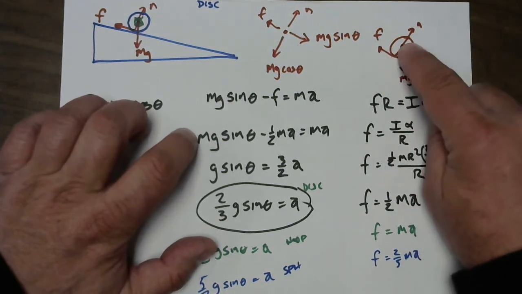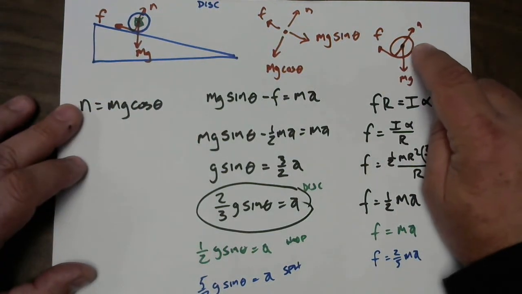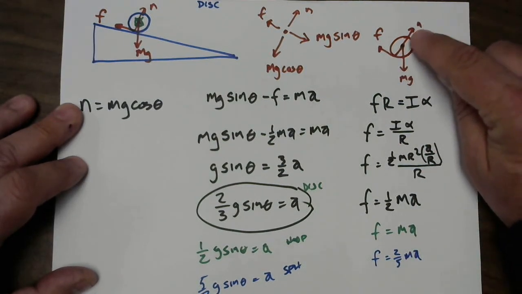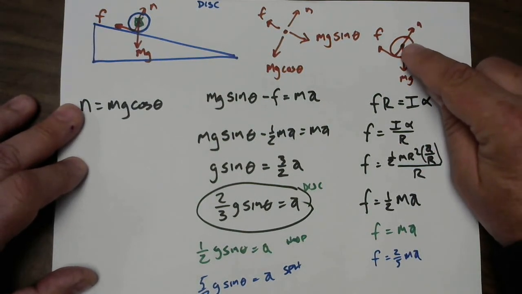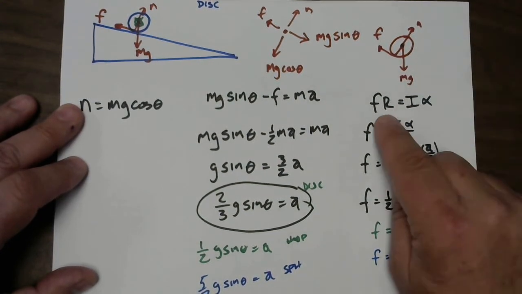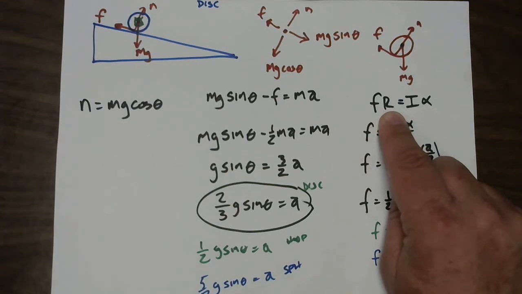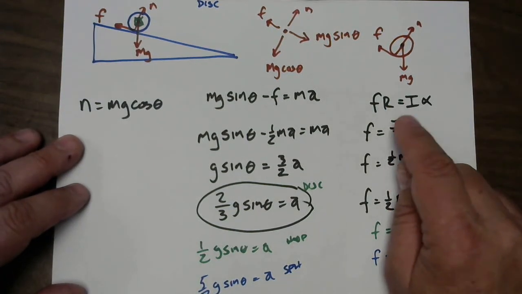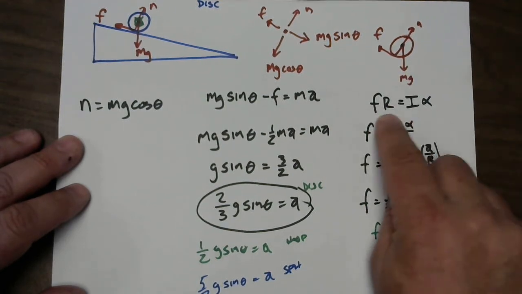Look for where these forces are being applied, and they cause a rotation of the object. And again, any force that goes through the axis of rotation or originated at the axis of rotation does not contribute any torque, because there is no distance away from the point of rotation. There's no lever arm is what I'm trying to say. So only the friction is actually causing the torque, causing the spinning.